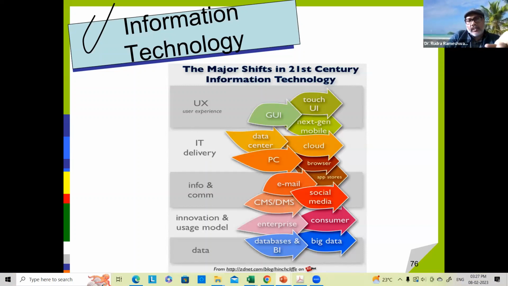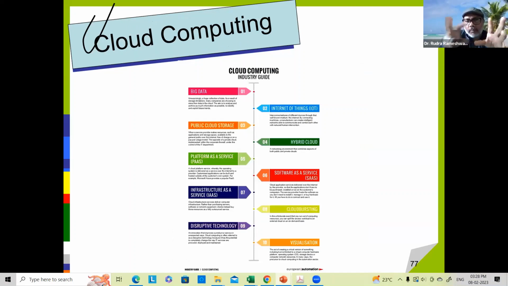Cloud computing is there, but now cloud computing is connected to machine learning, big data, and all. Some components are intermingled, but companies and institutions are using it, like software as a service (SaaS), hybrid cloud, cloud bursting, disruptive technology, and visualization. These are the cloud computing features.